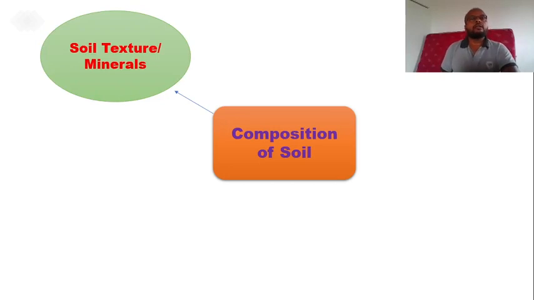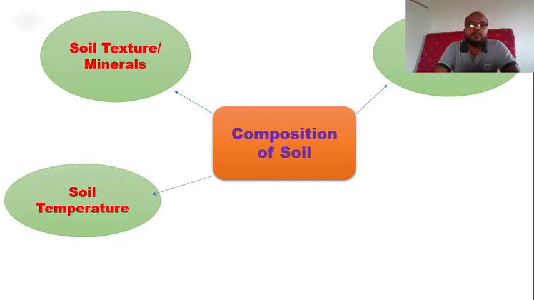So this soil has soil texture or soil minerals. Next in the composition is soil water. The soil has its own water. Then soil temperature: there is the atmospheric temperature, and the soil has its own temperature.